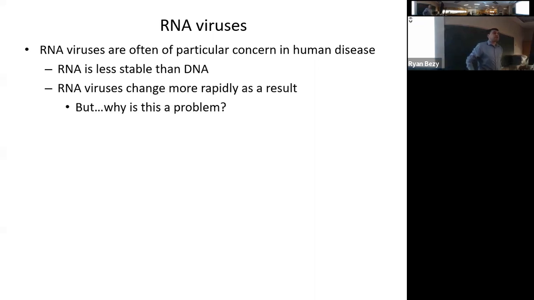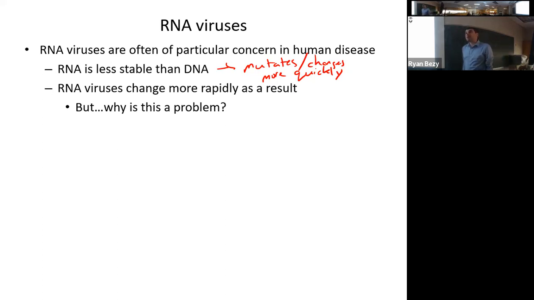What that means is, if RNA is less stable than DNA, it mutates, changes more quickly. And since it mutates more quickly, RNA viruses also change more rapidly as a result.